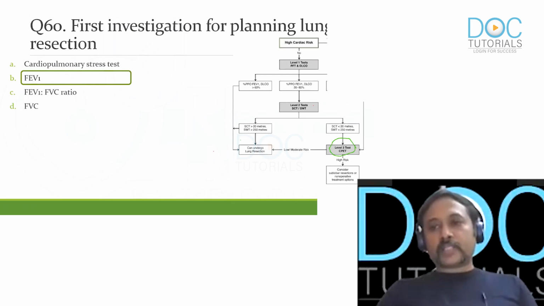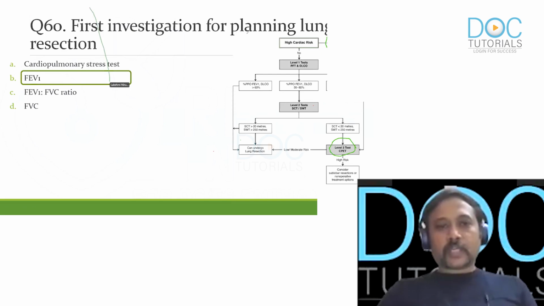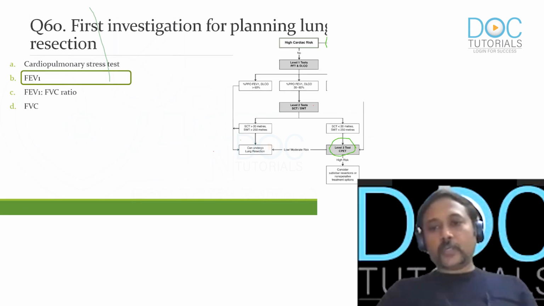But in general, unless this is given very specifically, it means it is an average risk patient. So when you have an average risk patient, what is the level 1 test that you will do? One is your pulmonary function test, and then you will do the diffusion capacity of carbon monoxide. These are the level 1 tests which are going to be done.